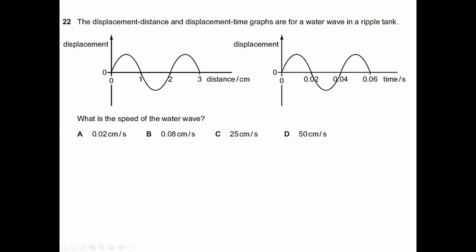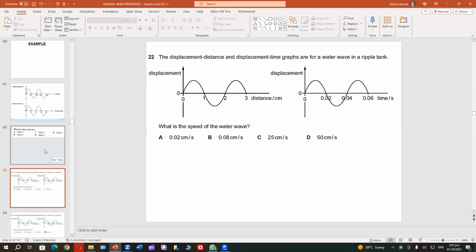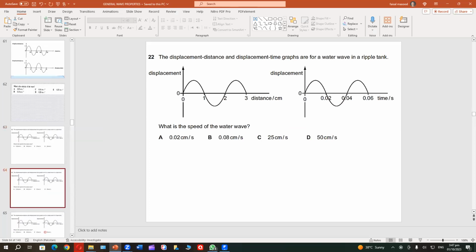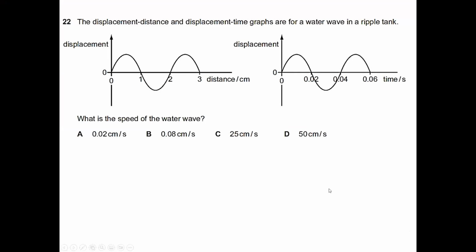I have shared the prefixes with you, and I'm not sure if I have shared before or not, but I think I had told you to copy also when we were doing chapter number 1, but prefixes are very important for conversions. The formula is V is equal to F lambda.